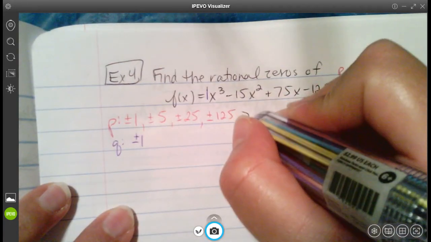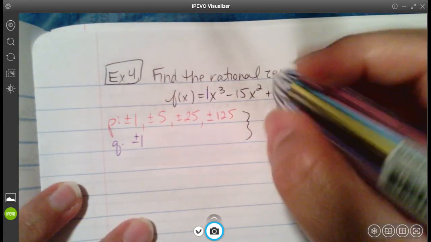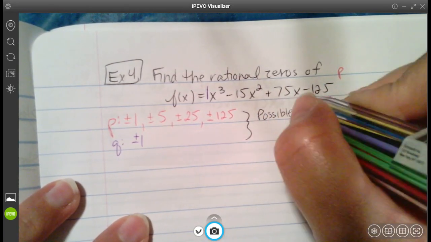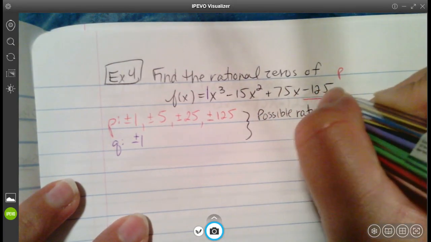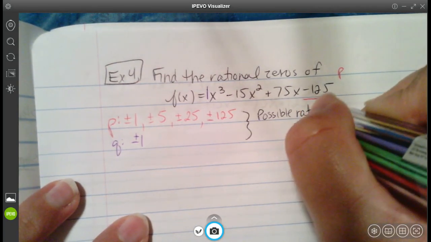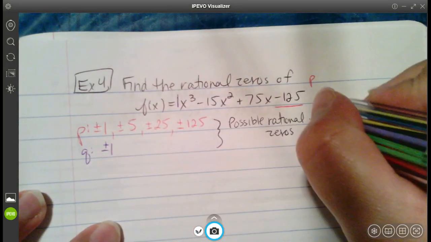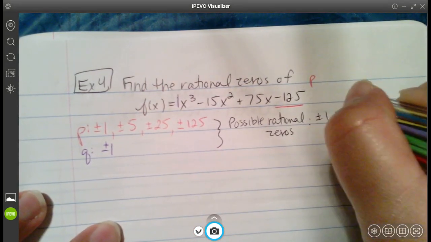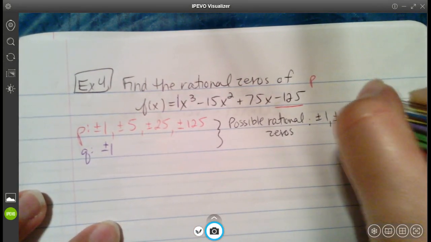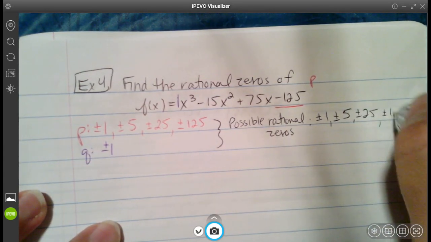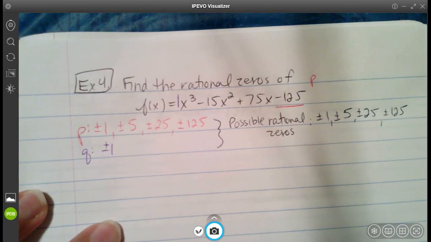So my possible rational zeros are going to be basically this list right here. Plus or minus 1, plus or minus 5, plus or minus 25, and plus or minus 125.